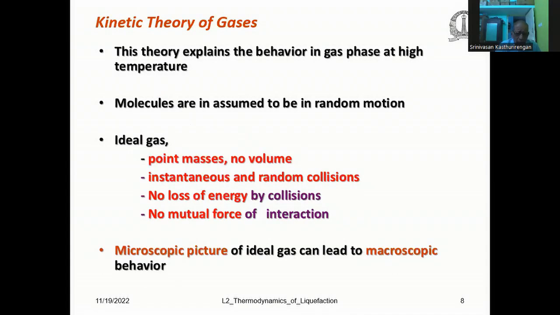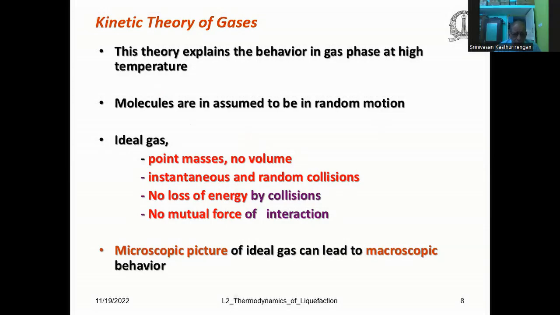Now let's come to the kinetic theory of gases. Kinetic theory is very useful in describing the gas phase at high temperatures. So it is assumed that the molecules are in random motion, and for an ideal gas, they are point masses, there is no volume.